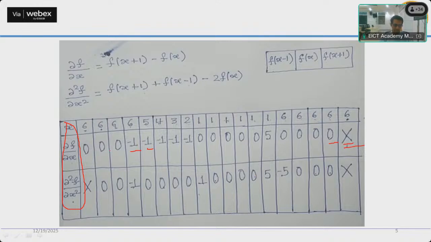In the same way, we will use this value: minus f(x+1), f(x-1), minus 2f(x). So what are we going to do here?